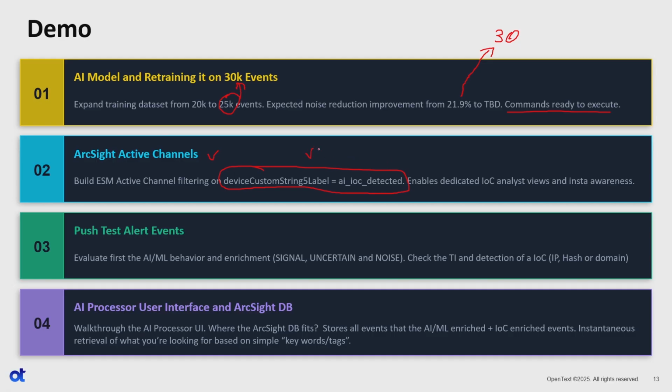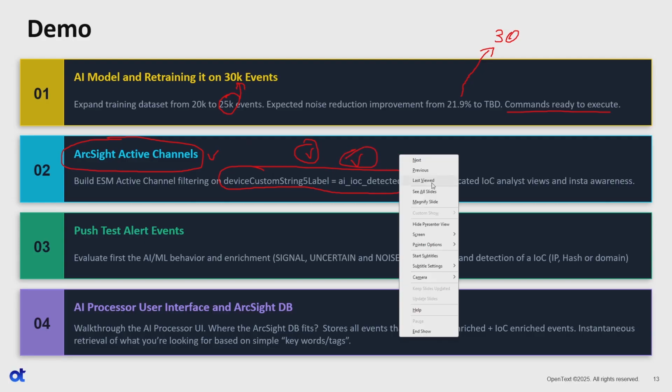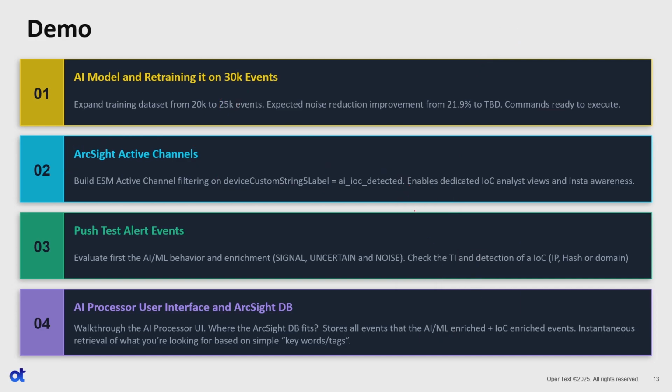This is to see whether our threat intelligence component can retrieve those IOCs, and how quickly an analyst looking inside an active channel can take a decision and see that there is something going on, probably I need to investigate even before a rule gets triggered.